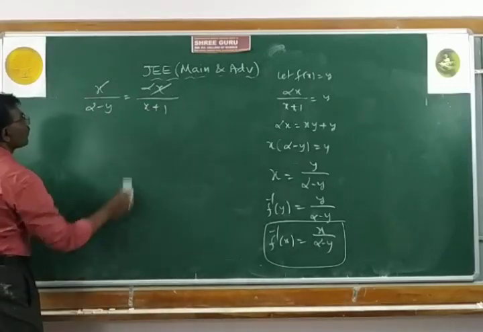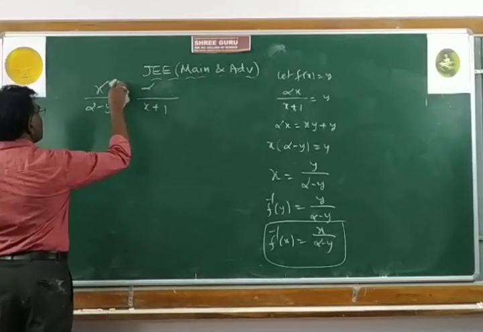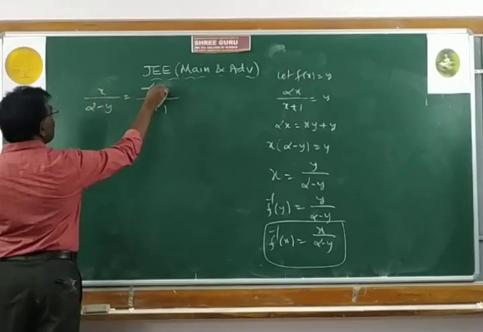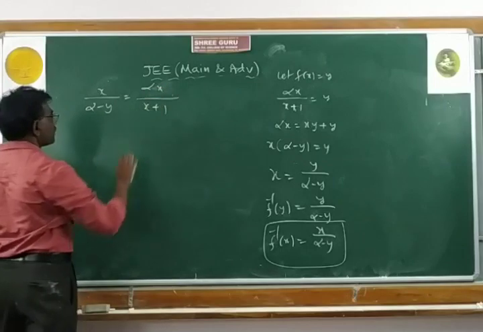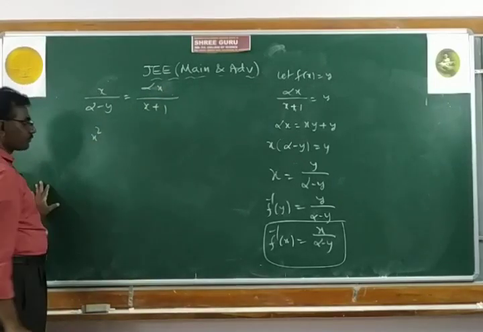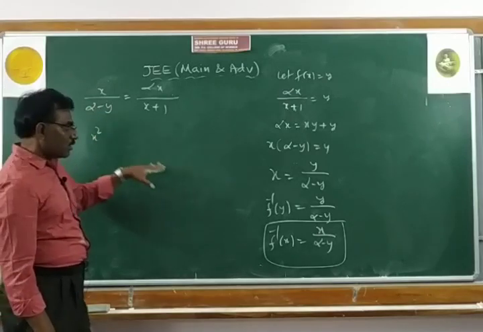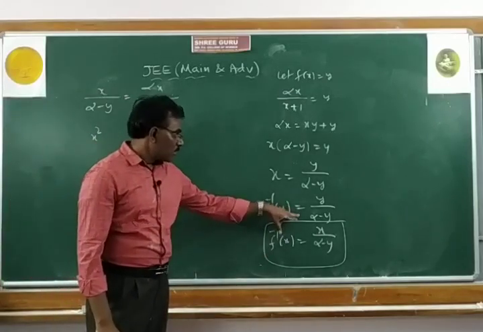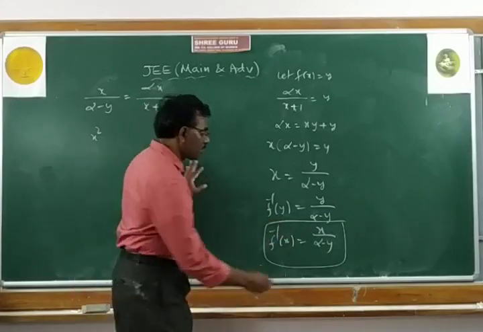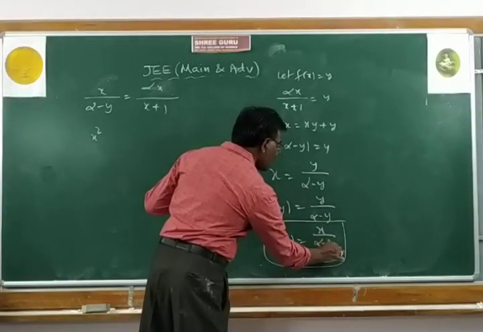Cross multiply. x square. What is the x value? f inverse of x is x by alpha minus x.